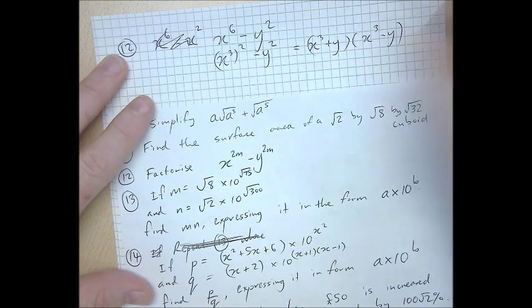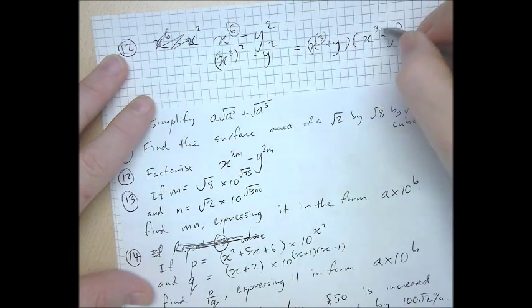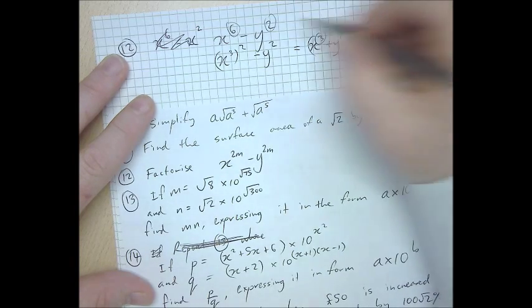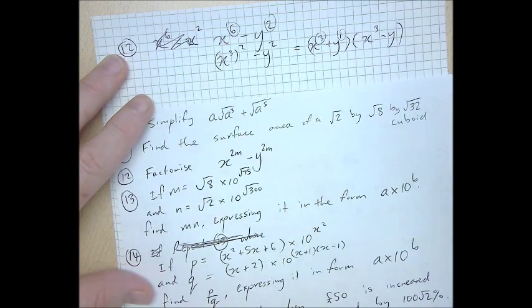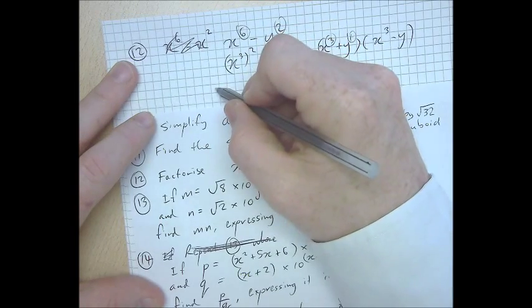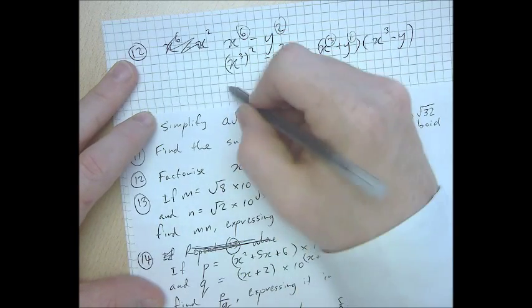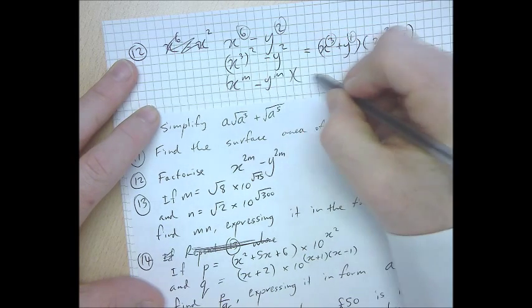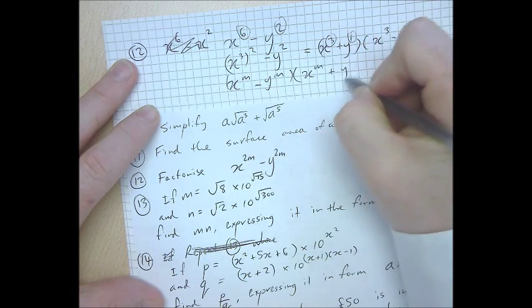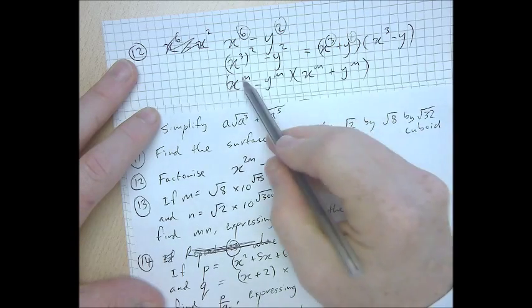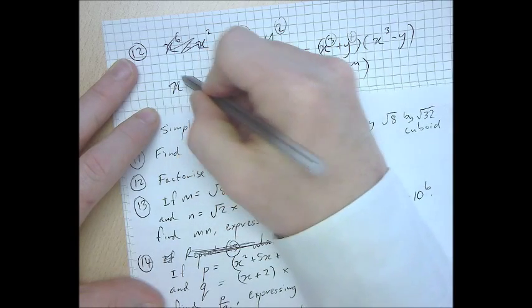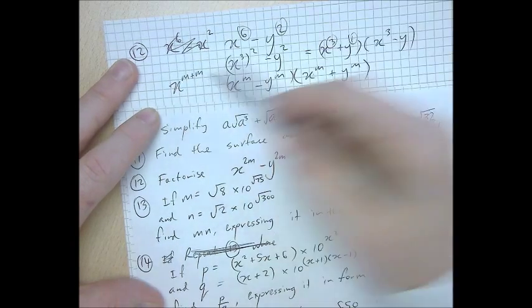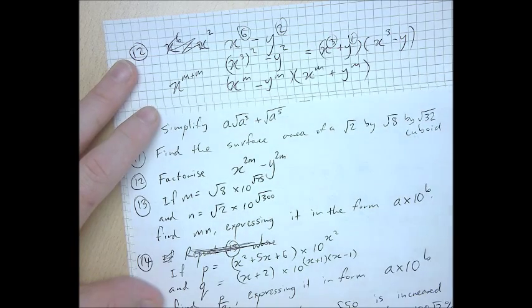And what happens is that this ends up being half that, and that ends up being half that. So what's half of 2m? m. So same bracket twice, once with a plus, once with a minus. Let's just check that. If I did that times that, it will be x to the power of m plus m, which is x to the power of 2m, which means it's good to go.